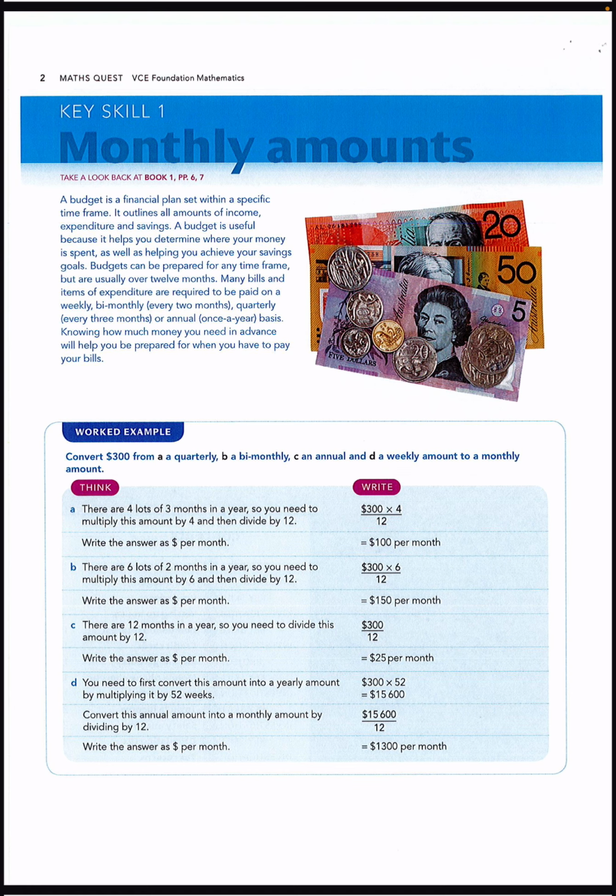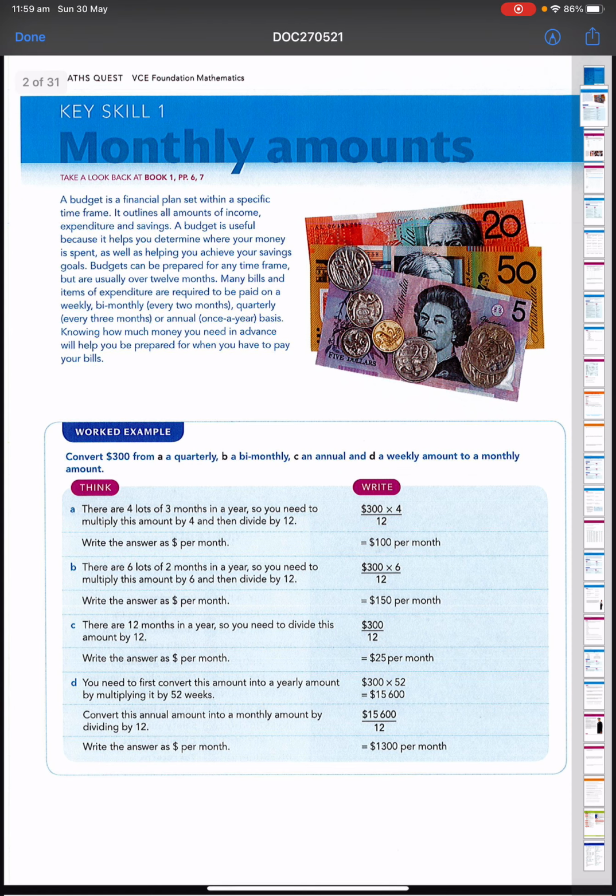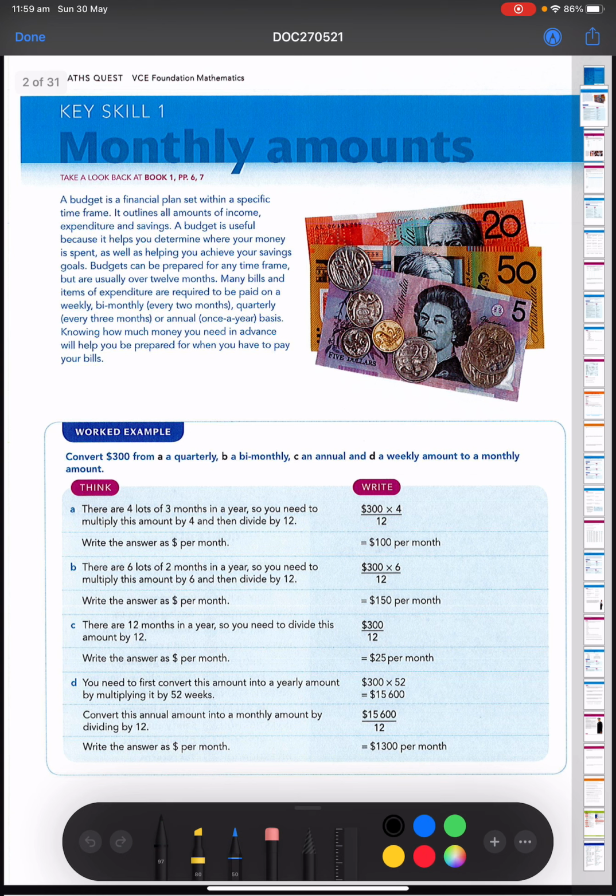So some questions that are related to what we're going to be working on is something like this. If I have been given $300, and I want to convert it from a quarterly, bi-monthly, annual, and weekly amount to a monthly amount.